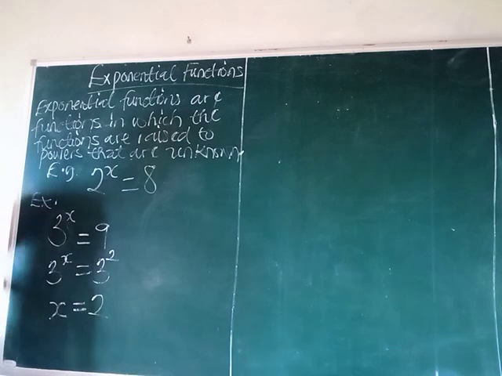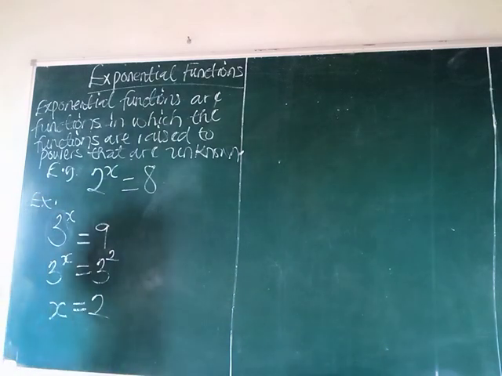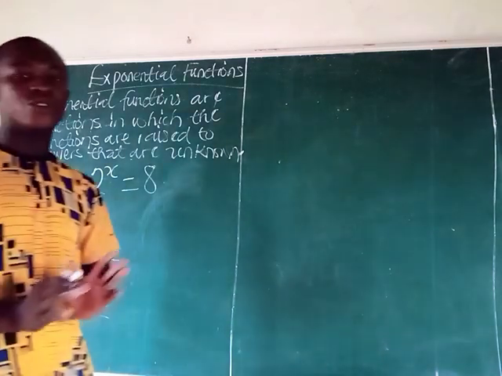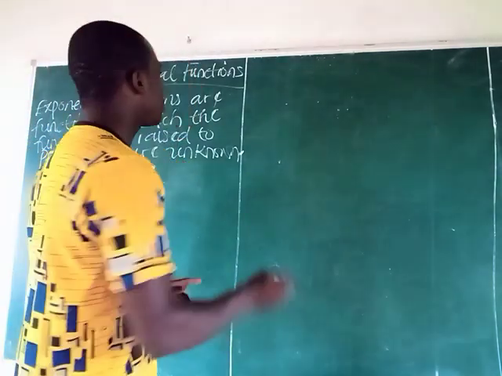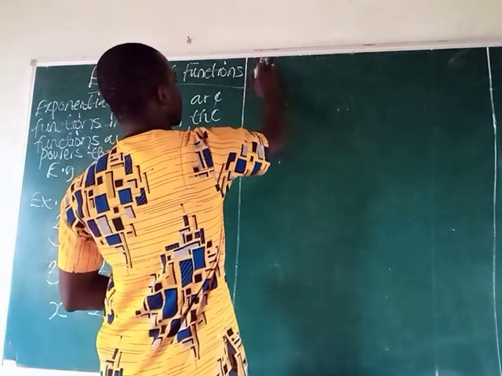The answer is 9, because 3 times 3 is 9. So that is how you solve such a function.